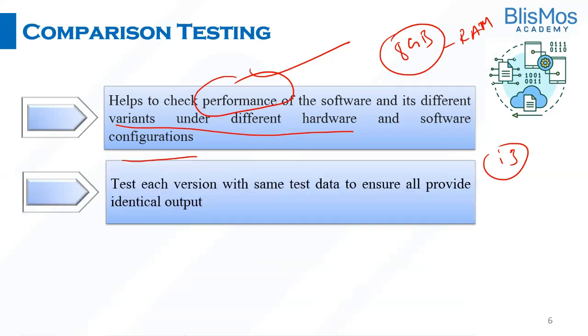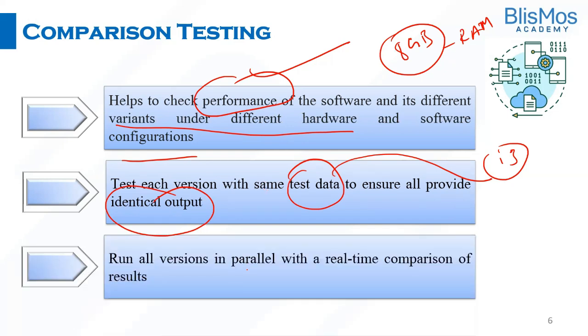With the same data, testing is done on the different hardware or software configurations to see whether an identical output is given by the application. Sometimes we run all the versions in parallel with real-time comparison of results. That also will be done as a part of comparison testing.